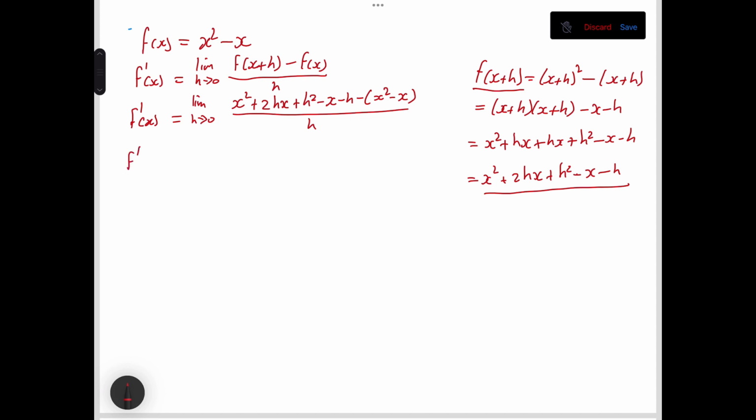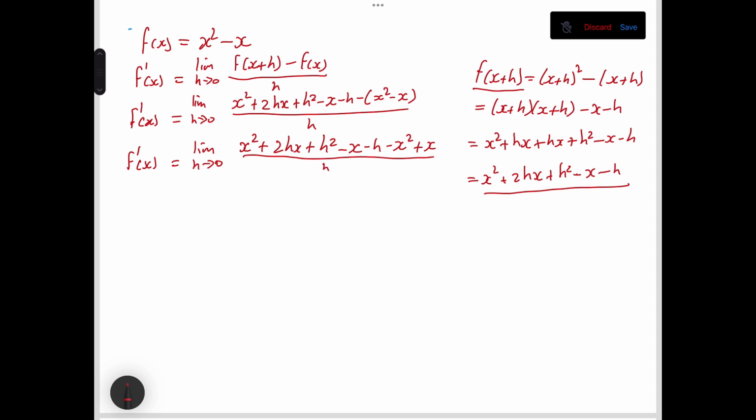It's going to be the first derivative where limit h strives towards 0. Now we're going to multiply out that negative sign with the bracket and keep everything else the same. There we go, over h.